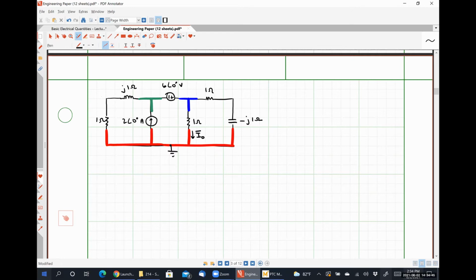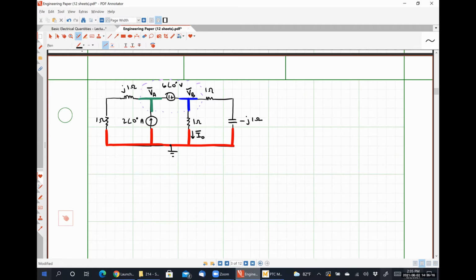There's my ground. So I'm going to call this guy VA. And let's call this guy here VB. So I have a supernode, right? I'm going to use a color I haven't used, and draw a little circle around it. Anytime I have a voltage source, I have a supernode.